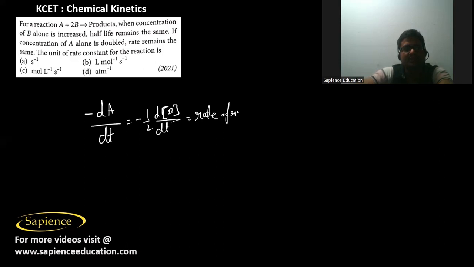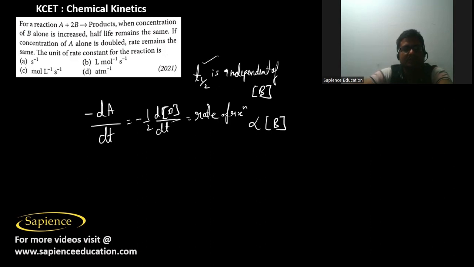Now, the rate of the reaction is proportional to the concentration of B, since here half-life is independent of the concentration of B. So it means that the rate is first order in B. Here it is told that if the concentration of A is doubled, then the rate remains the same.